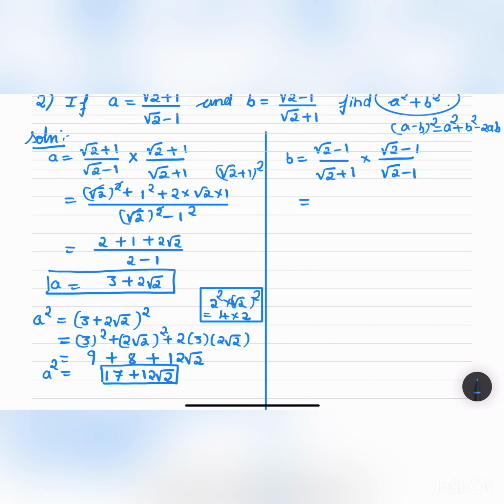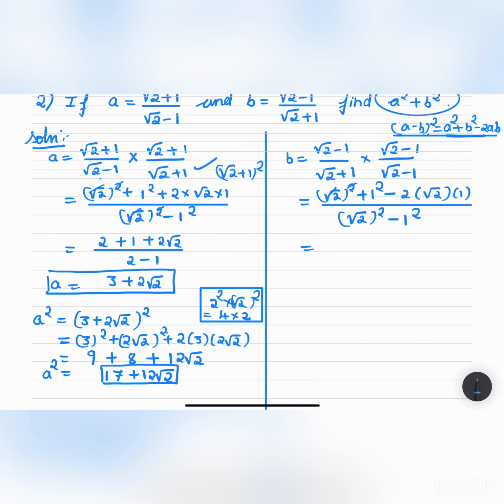Let us substitute these values, root 2 and 1, in this identity. That will be equal to root 2 whole square plus 1 square minus 2 into root 2 into 1, divided by, in the denominator it is just like the same here, root 2 plus 1 into root 2 minus 1. So it is a square minus b square identity.